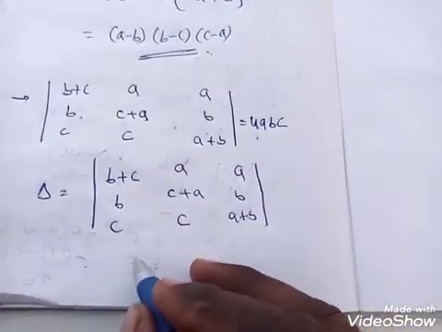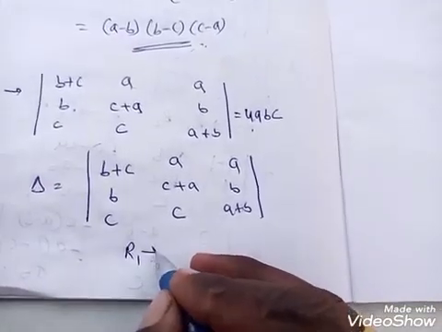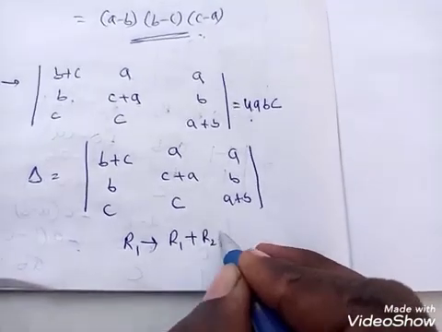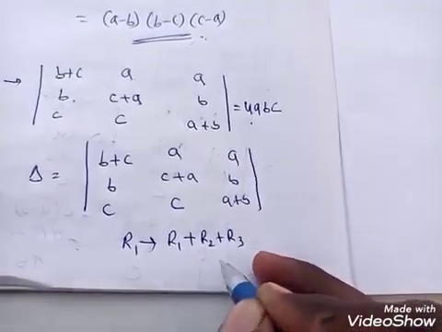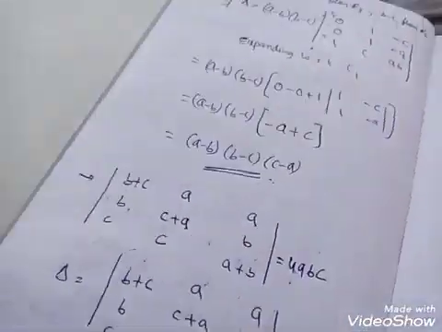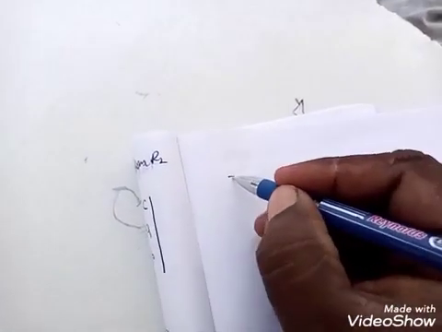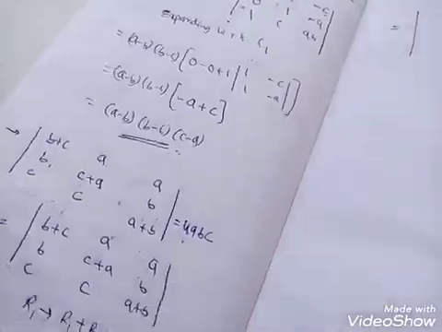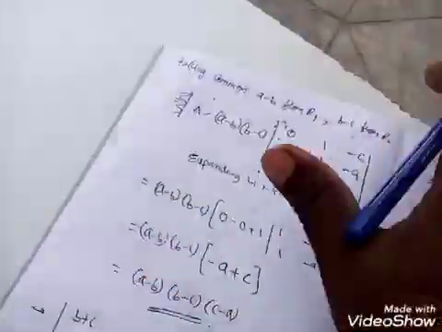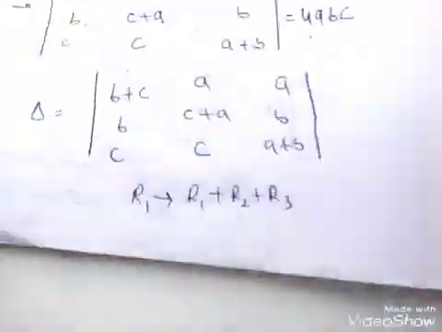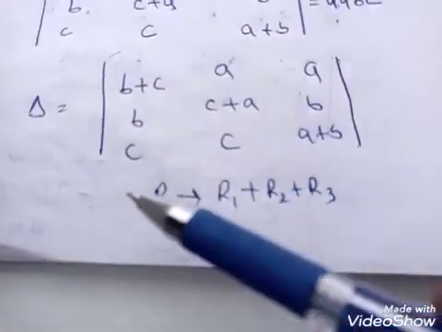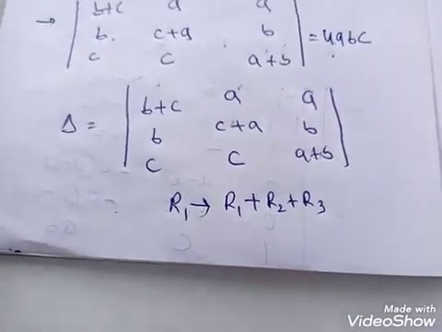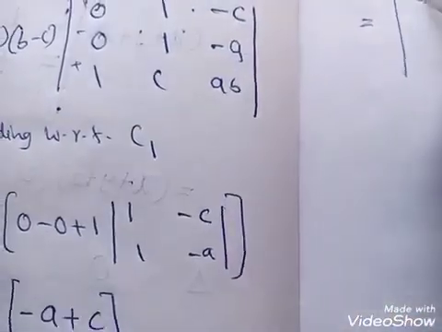First I am going in a simple way, that is R1 gives rise to R1 plus R2 plus R3. Then what we are going to get, observe there: R1 gives rise to R1 plus R2 plus R3, that means B plus C plus B plus C, A plus C plus A plus C, A plus B plus A plus B. That is nothing but 2B plus 2C, no?